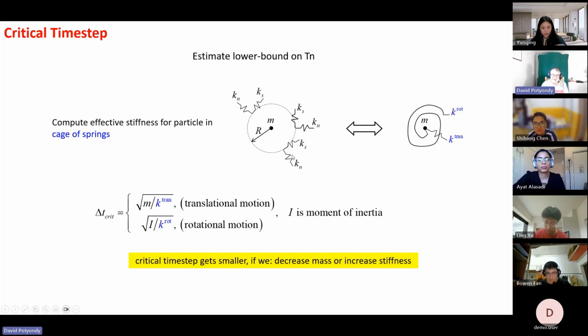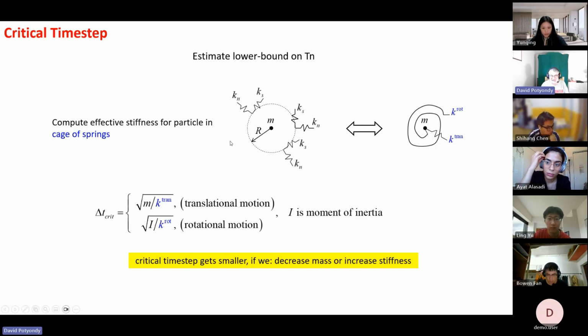It had this much stiffness effectively. But now there's 4. Well, as soon as I add 4, I add more springs. So this guy is surrounded by a stiffer system. So therefore it's stiffer. This number is bigger. Time step gets smaller. And so that's an example where the stiffness is changing.